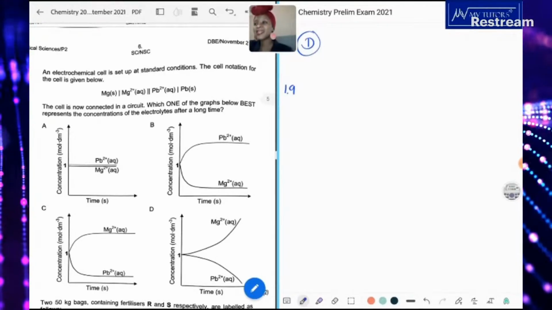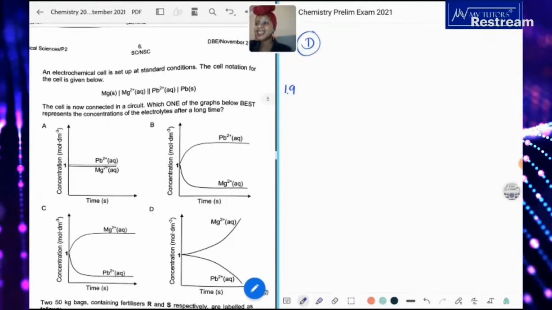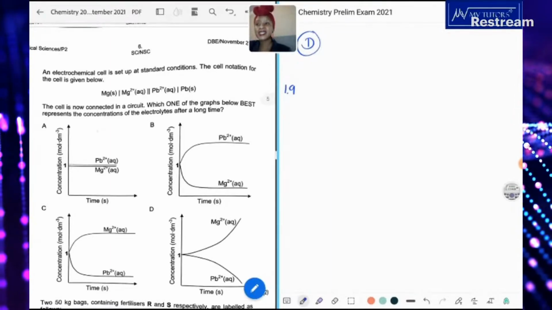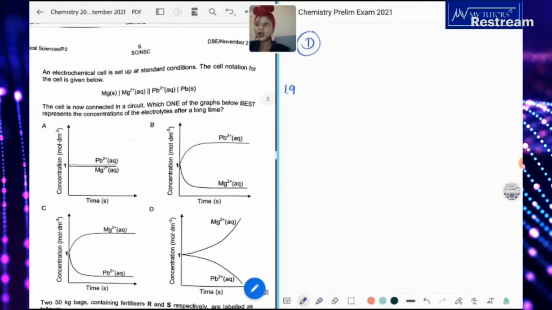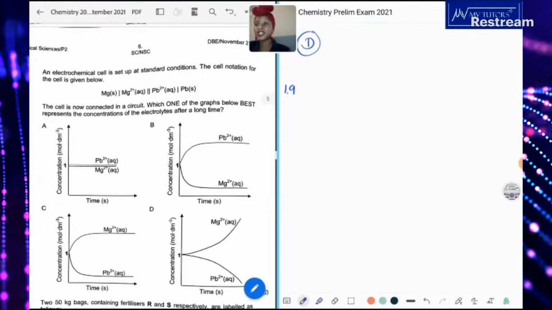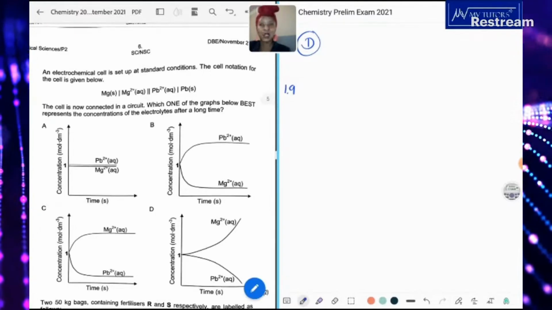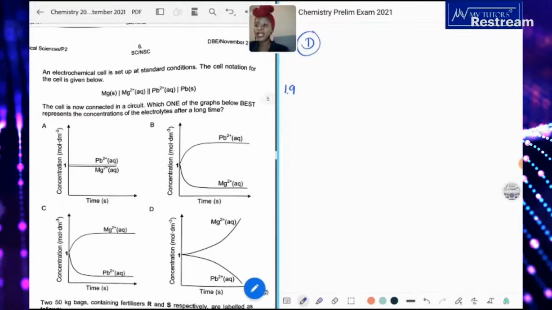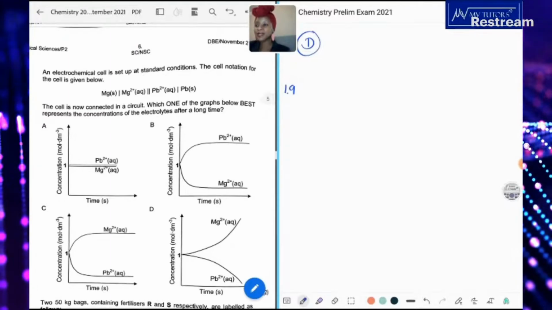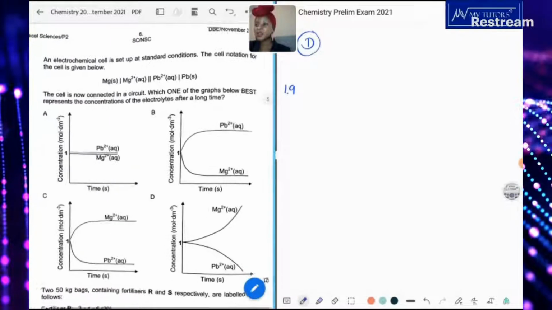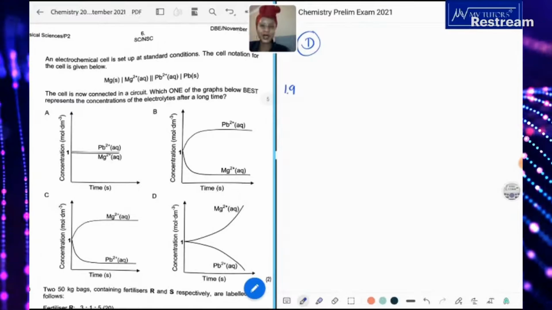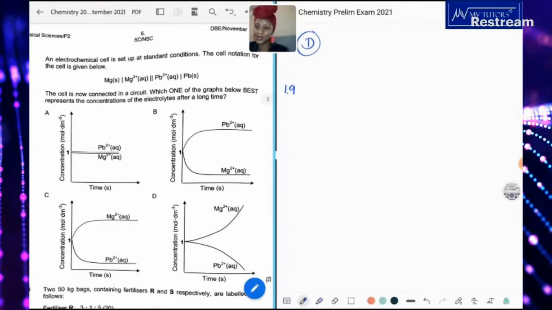So what is happening here? The cell is now connected in a circuit. Which one of the graphs below best represents the concentrations of the electrolytes after a long time? If we look at A, A is showing that nothing is happening, which is not true.